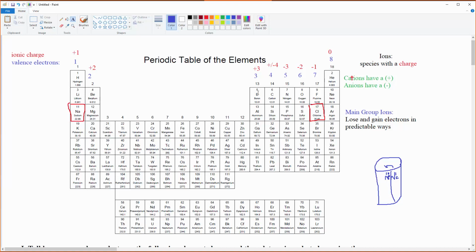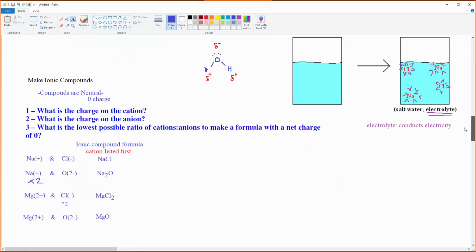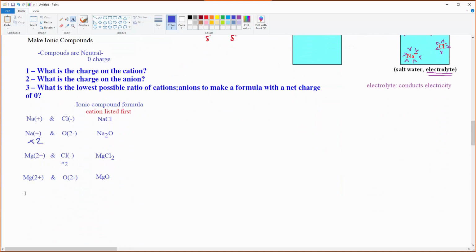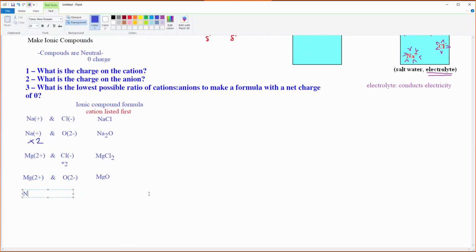What if, let's see, let's go to our periodic table here. What if we use these +3s and -3s? What would happen then? What if I had, let's say, a sodium, which is +1 because it's in the first group, and a nitrogen, which is -3 or 3- because it's in the 5th column there. What would you do then?